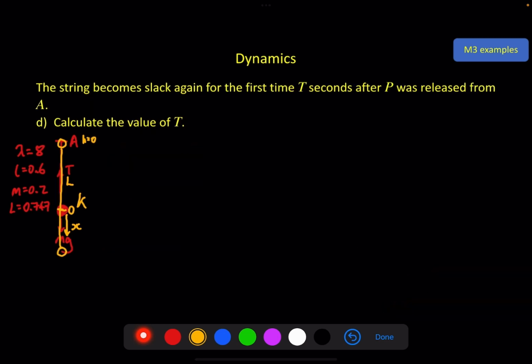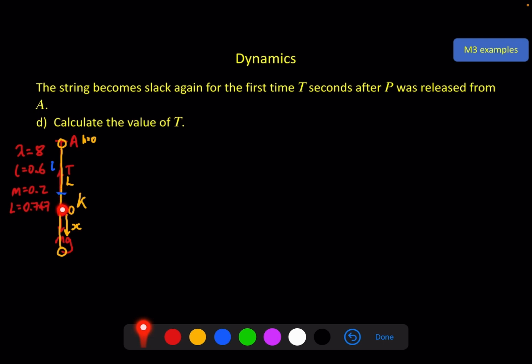Part D. The string becomes slack again for the first time t seconds after P was released from A. Calculate the value of t. So let's consider the motion first. It starts at A at rest, falls freely under gravity while the string is slack, hits the natural length, let's say that's here, then it extends, but now it's under simple harmonic motion, not moving freely under gravity.